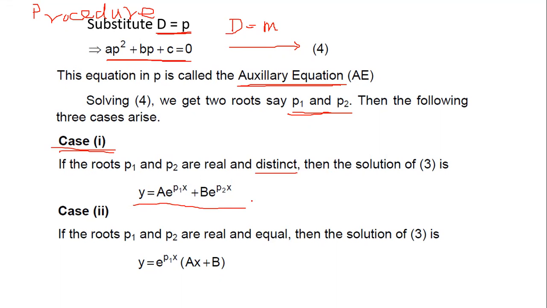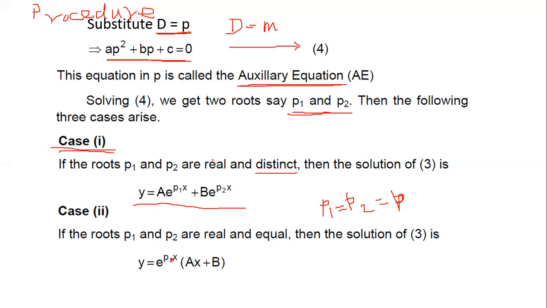Case 2 is if the roots p1 and p2 are real and equal, that means p1 equal to p2 equal to p. Then y equal to e power px, it is not p1x actually, simply e power px (ax plus b). So that is the second case.